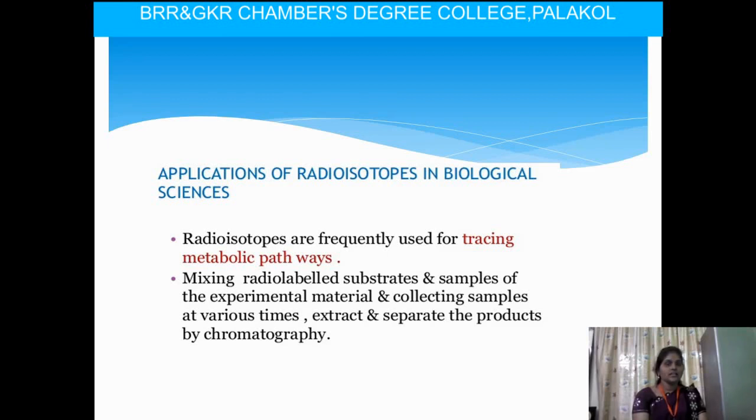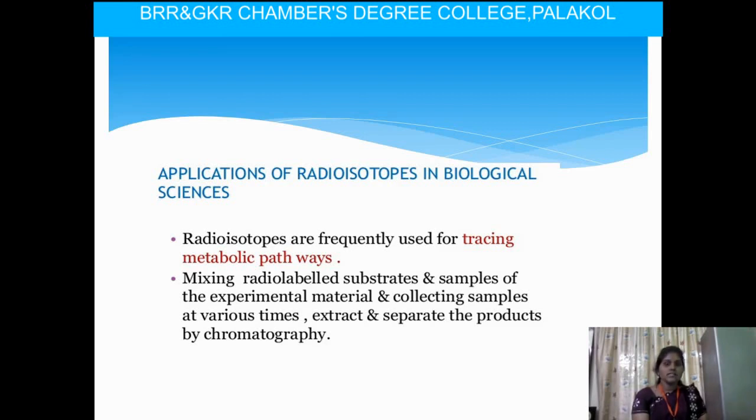First we start the experiments in animals like rats and mice. We insert it and observe it using radiolabel counters. By using these methods we can assess the metabolic pathways of organisms.